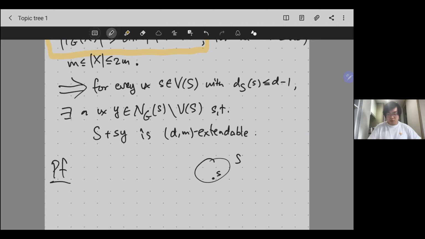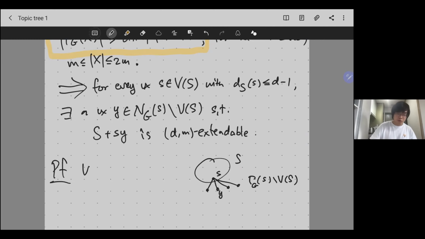So basically we look at all its neighbors in G, out of V of S. If for all these neighbors y_i, none of them, when added to S, extends to a nice embedding, we will derive a contradiction with the original embedding S being d-m extendable. By contradiction, there exists one little y such that we can add it to make it extendable.